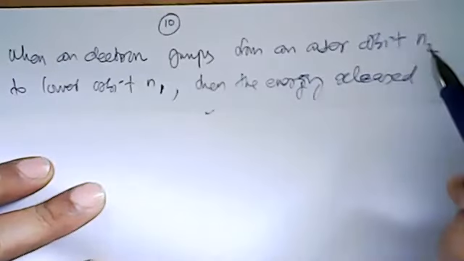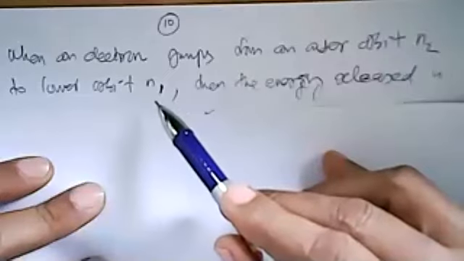Is that clear? Outer is n2, inner is n1.